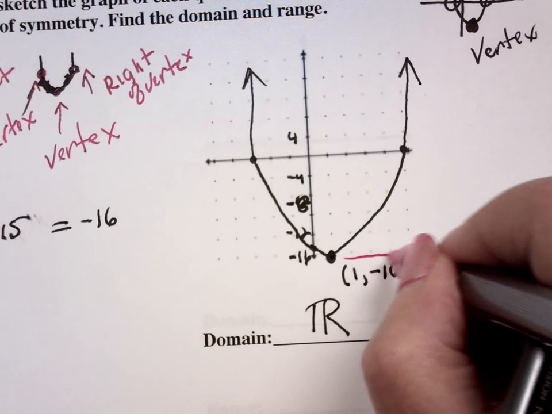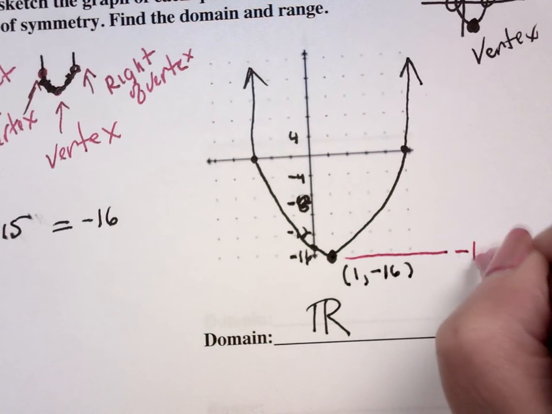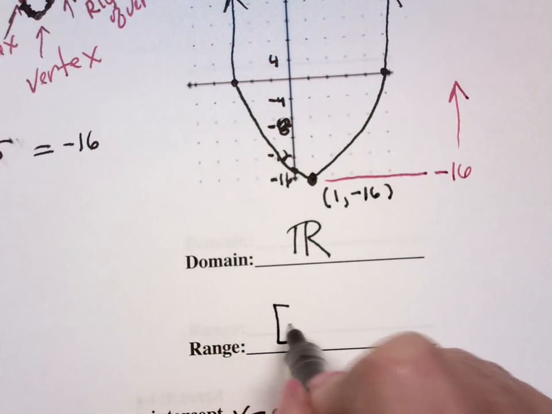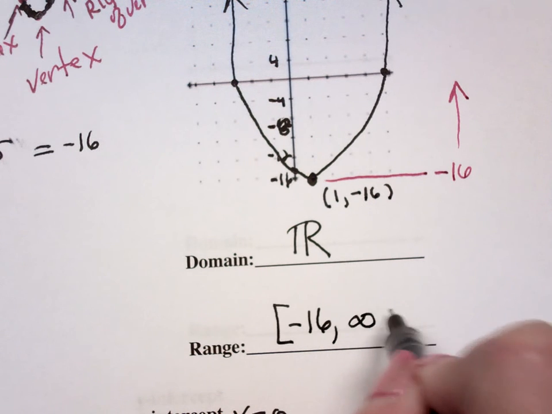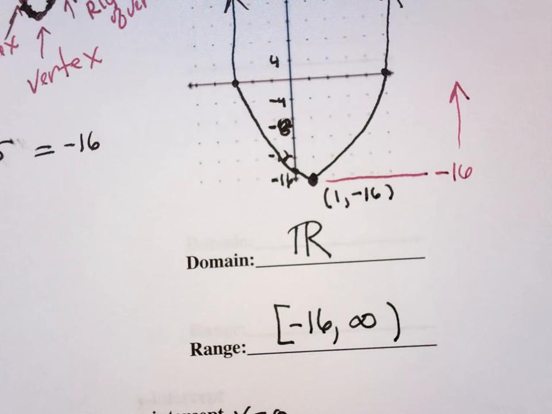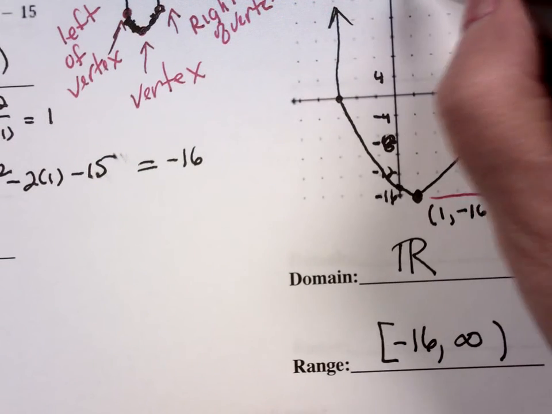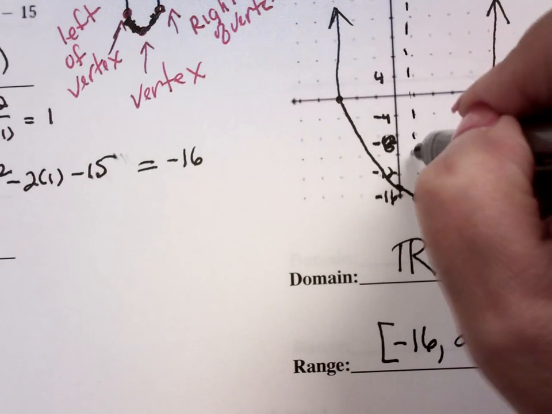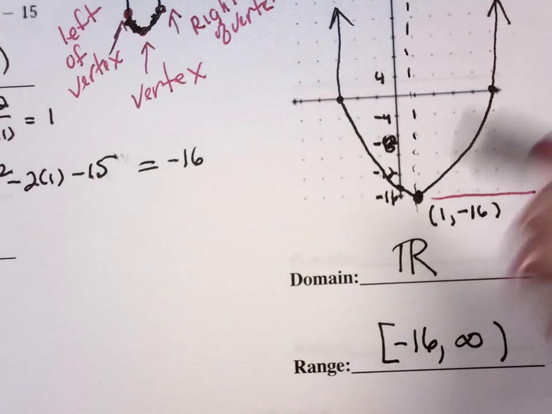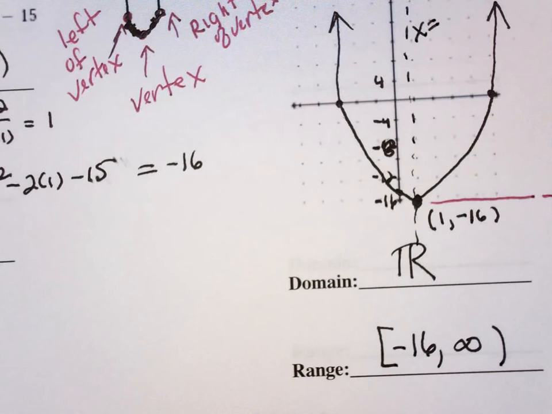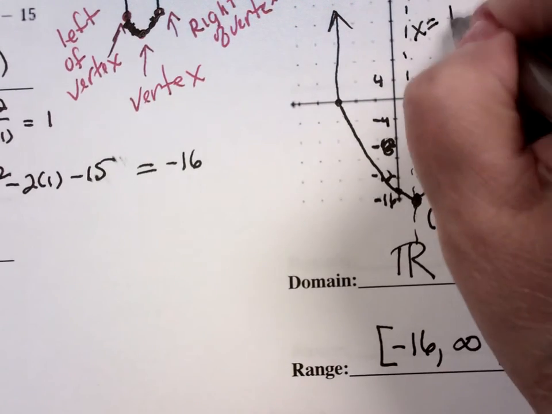The range is going to start at negative 16 and go up, right? It includes negative 16 to infinity. Now what about the axis of symmetry? It's going to come down through the middle. It's a vertical line. It's x equals what? 1, yeah. It's the x-coordinate of the vertex.